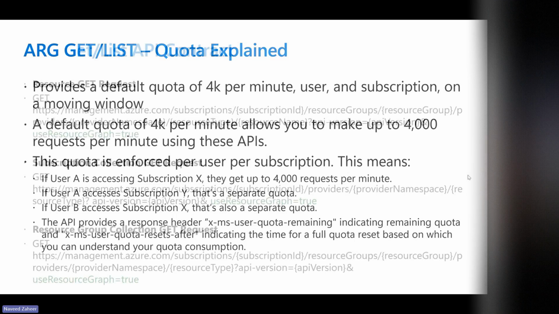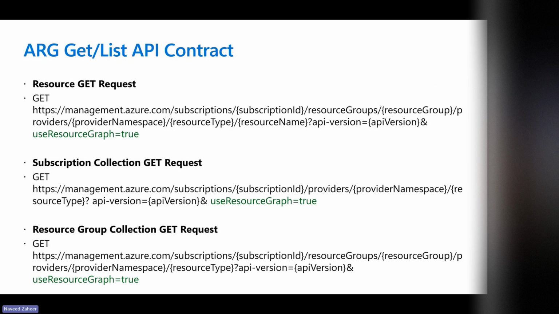Any questions so far? Okay. And it's very easy to call. There is no need to change your API. You are calling this API like that. What you're going to do is add this extra parameter. At this moment, it is use resource graph. Just keep in mind it's in public preview, so it may or may not change.